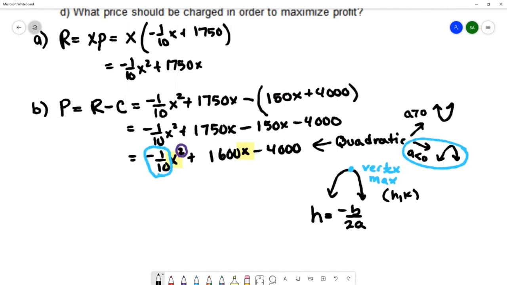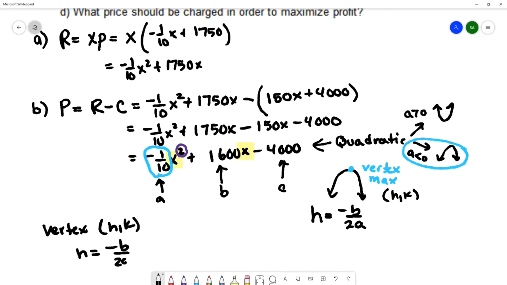So for our example, a is negative 1/10, b is 1,600, and c is negative 4,000. So I'm going to find the vertex, (h, k). h is negative b over 2a. That's negative 1,600 over 2 times negative 1/10.